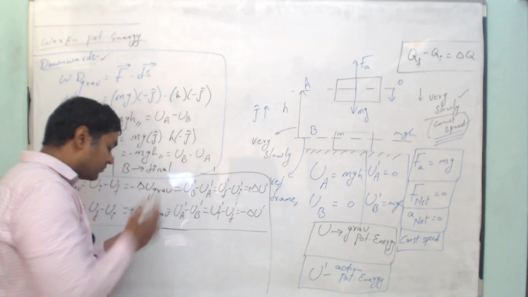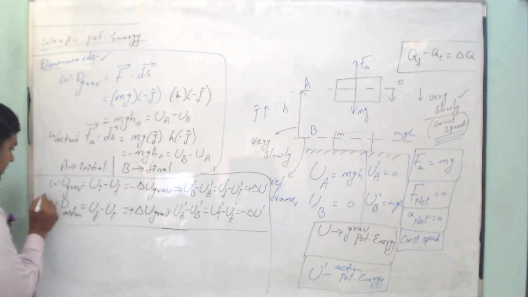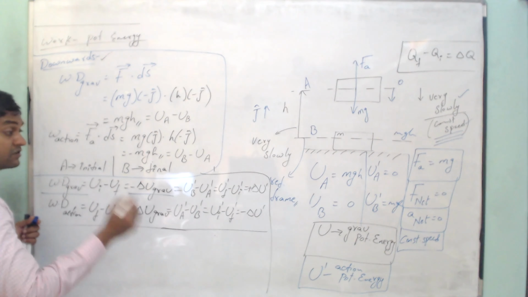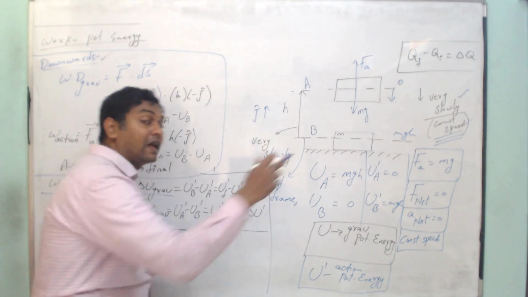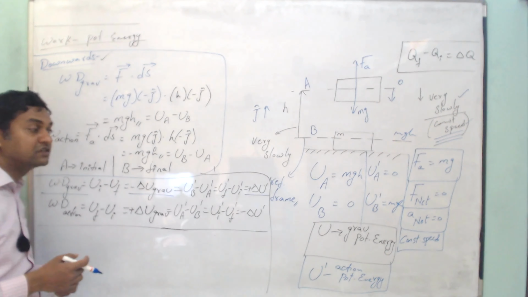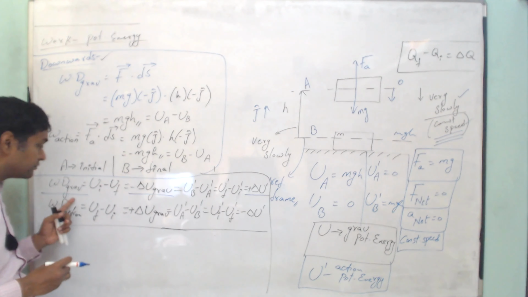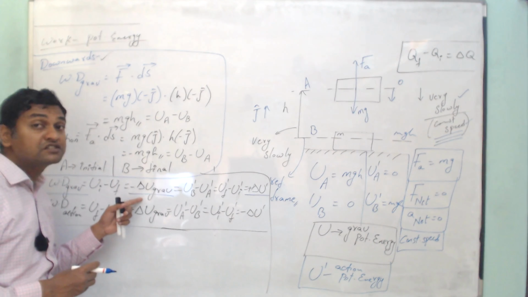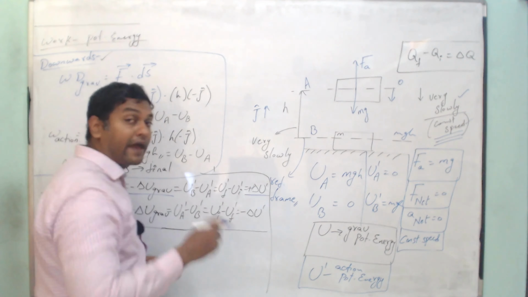What I am trying to highlight here is this: work done by gravitational force is the negative of the change in gravitational potential energy, but can also be written as the positive of the change in action potential energy. Understood?